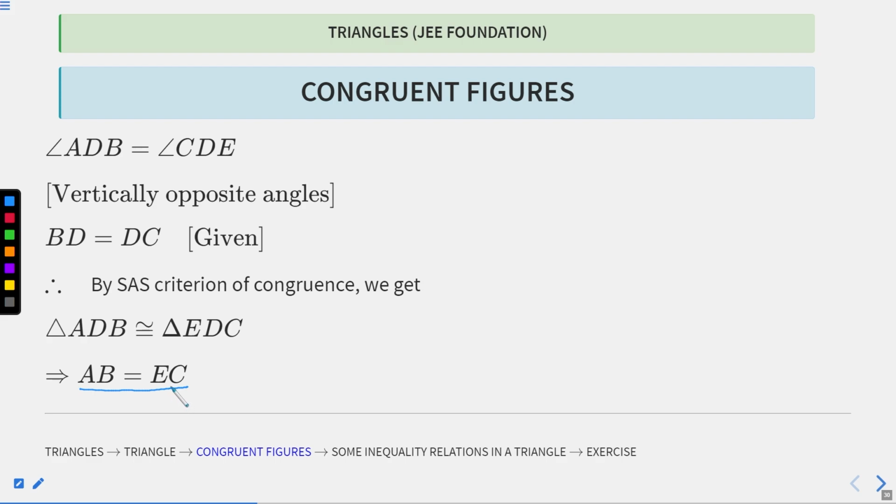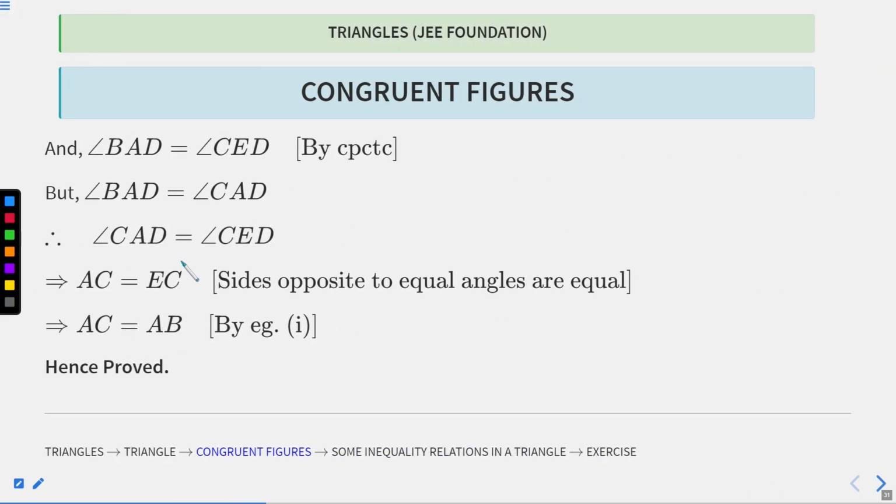So let's move and see what next thing we can come up with. Here, by corresponding parts of congruent triangles being congruent, I can easily say that from the previous diagram, angle BAD is equal to angle CED.